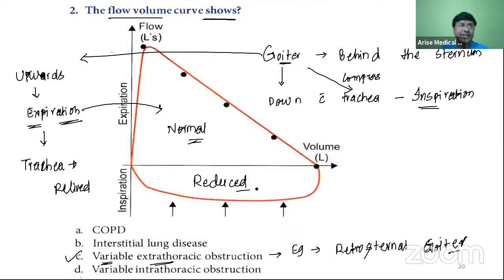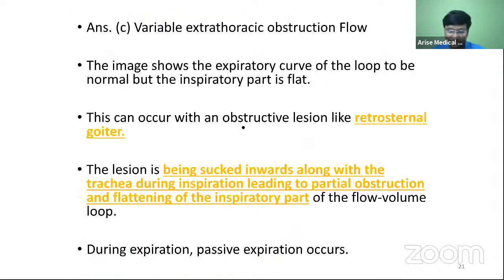Whereas during expiration, the goiter moves upwards, so the compression over the trachea is reduced, and the expiration will be absolutely normal. So this is the flow volume curve in case of variable extrathoracic obstruction. Next.